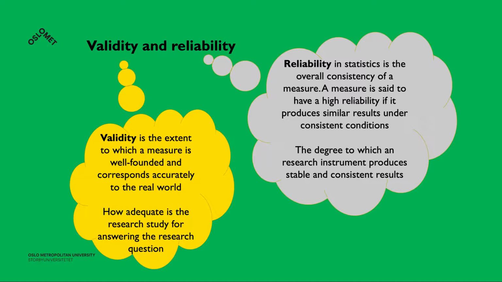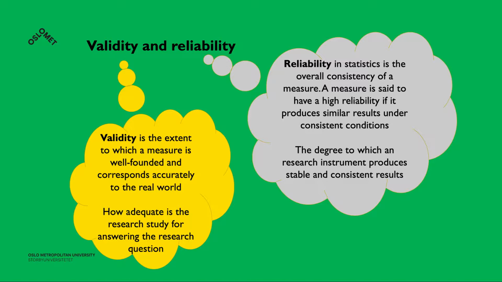Whereas reliability in statistics is the overall consistency of a measure. A measure is said to have high reliability if it produces similar results under consistent conditions. So it's the degree to which a research instrument produces stable and consistent results. With these measures, are we measuring the same theoretical concept, for example, trust, each time?